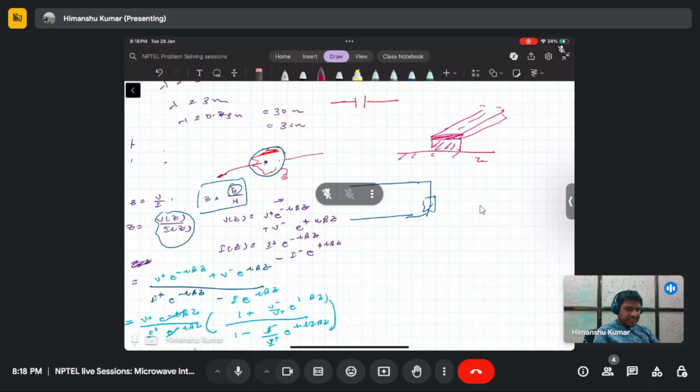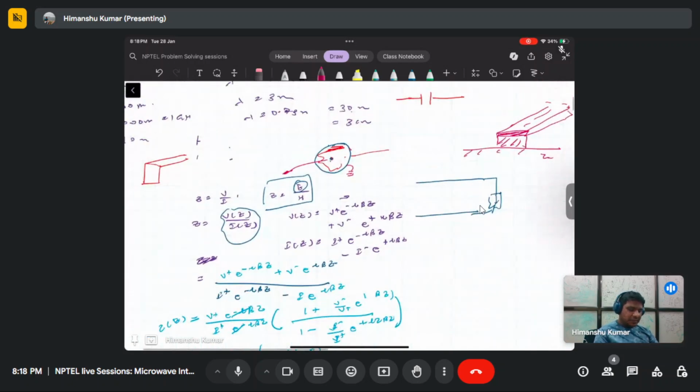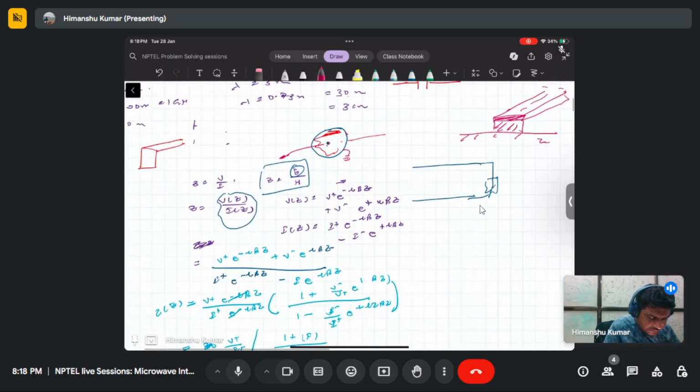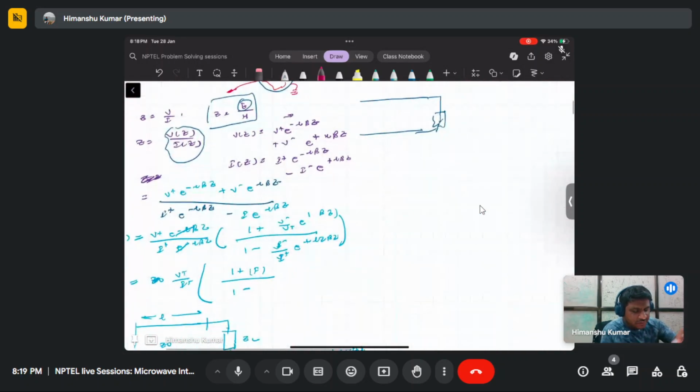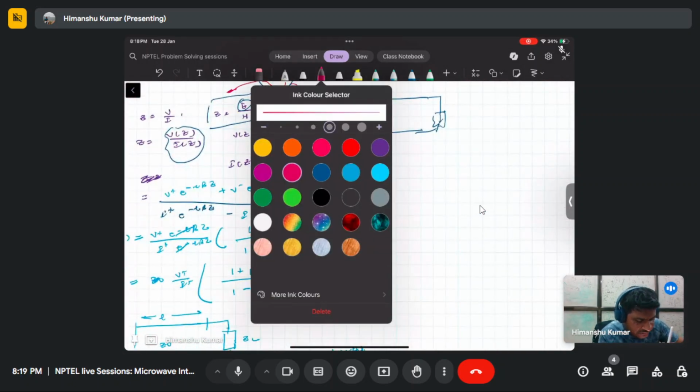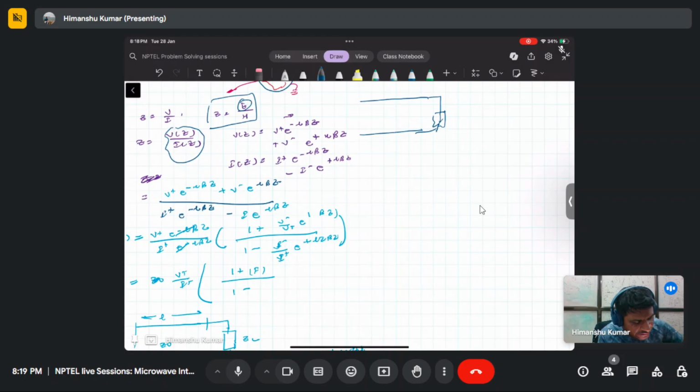Now, since you need to consider the periodic variation, you can represent it like this. Let's say you are connecting a line to this. Let's say this is the length L, this is the load, and this is the source side.